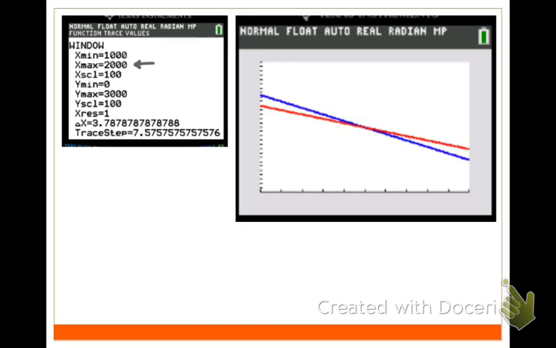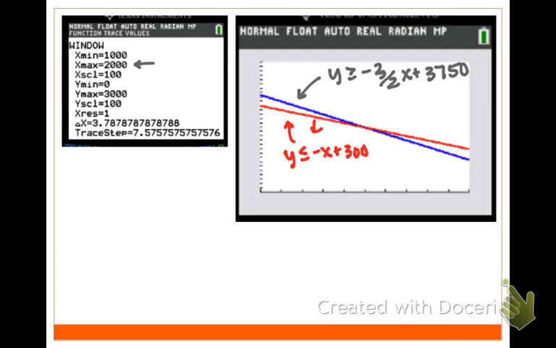So you can see here, this blue line is that y is greater than or equal to negative 3/2 x plus 3,750. And then that red line down below, that one is the y is less than or equal to negative x plus 3,000. So you can see I want to be below the red line, but I want to be above that blue line.